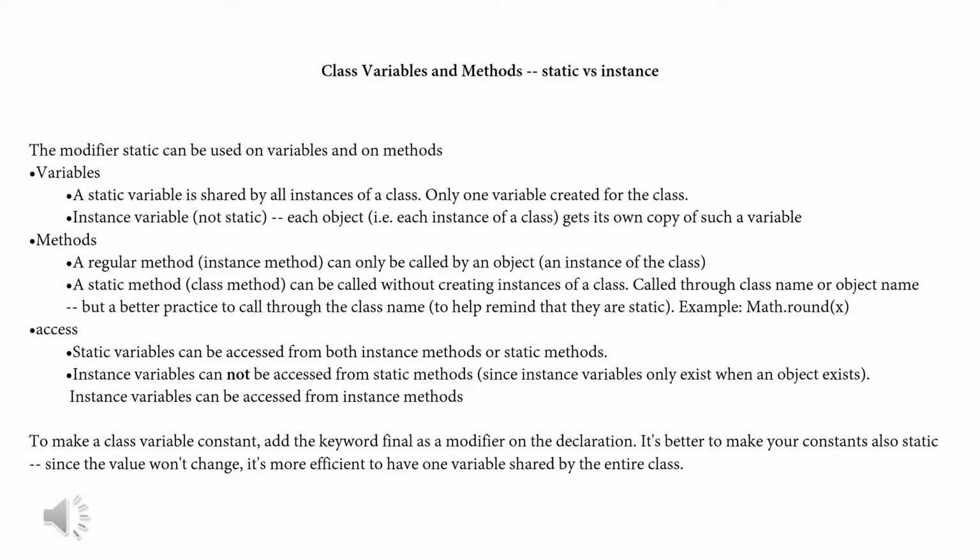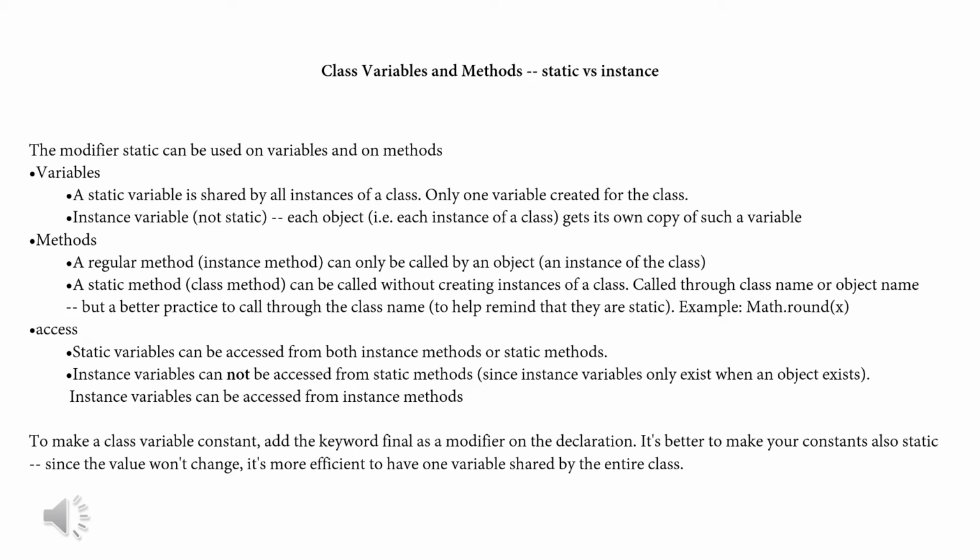Variables and methods of a class can be static or can be non-static. I'm going to explain what it means to make a variable static or a method static, and what is the difference between them in accessing them, right?